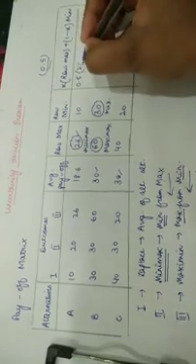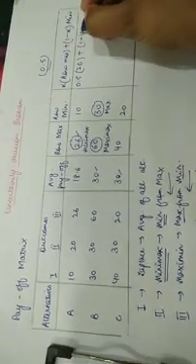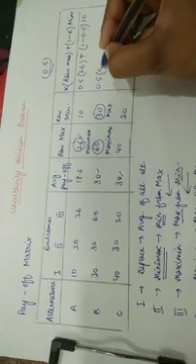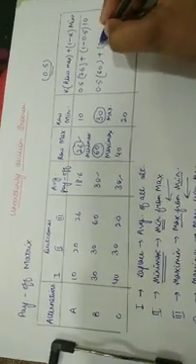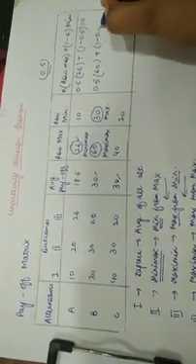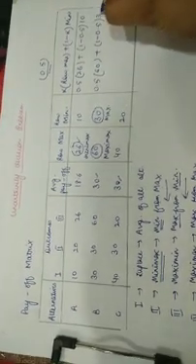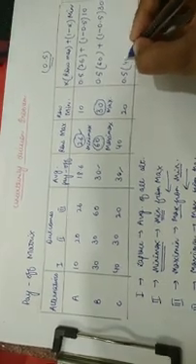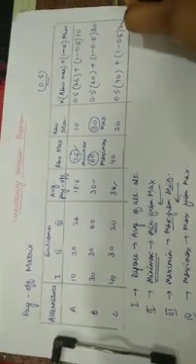So 0.5 into row maximum 26 plus 1 minus 0.5 into row minimum 10. Then 0.5 into row maximum 60 plus 1 minus 0.5 into row minimum 30. Then 0.5 into 40 plus 1 minus 0.5 into 20.